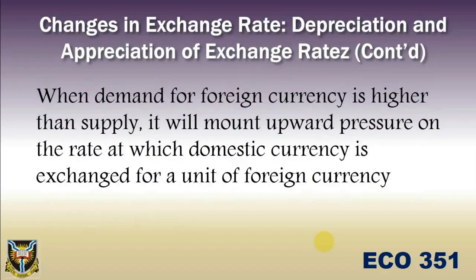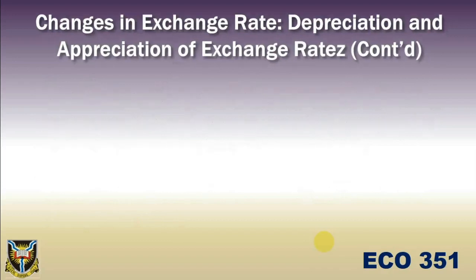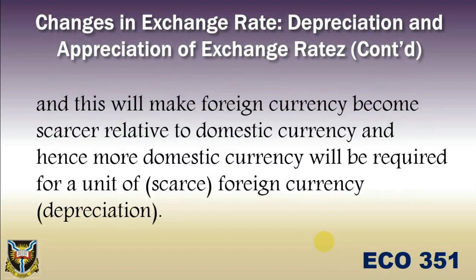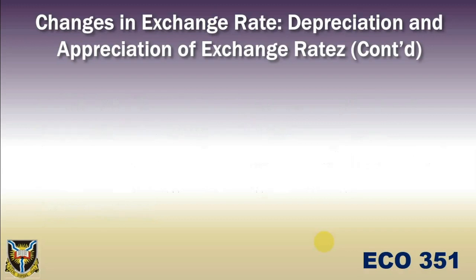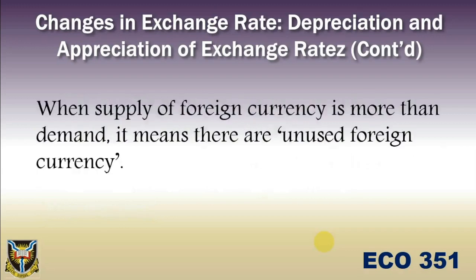When demand for foreign currency is higher than supply, it will mount upward pressure on the exchange rate at which domestic currency is exchanged for a unit of foreign currency, and this will make foreign currency become scarcer relative to domestic currency, and hence more domestic currency will be required for a unit of foreign currency. When supply of foreign currency is more than demand, it means that there are unused foreign currency.